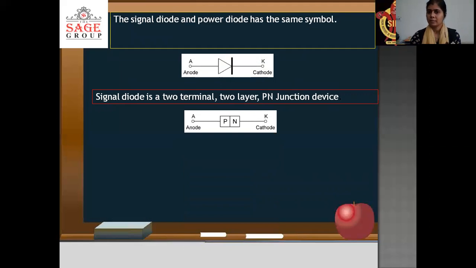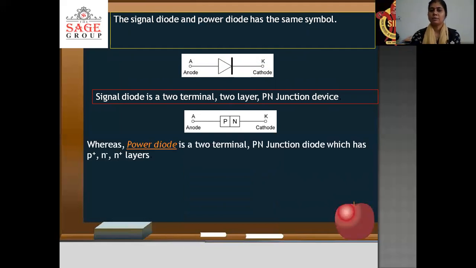The structure of a signal diode: whenever we sandwich a P-type semiconductor and an N-type semiconductor, it makes a PN junction diode. It has two terminals, anode and cathode.